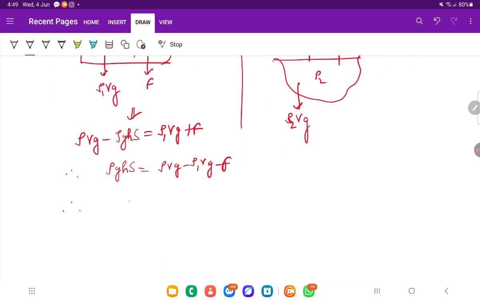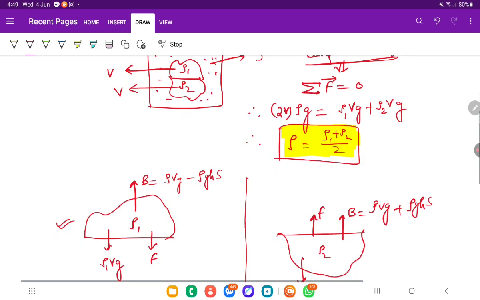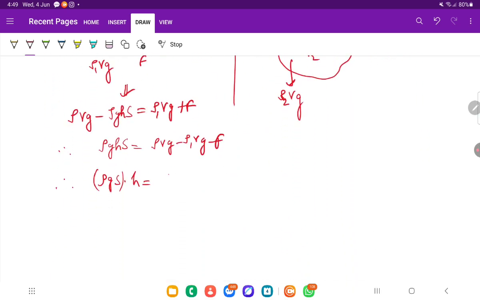And now let's proceed with rho gS into h, and now I'm using the value of rho. Here we have already found the value of rho as rho 1 plus rho 2 upon 2. Let's put it here, minus rho 1, whole multiplied by Vg minus F. So it's now just simple calculation, I guess. rho gS into h.